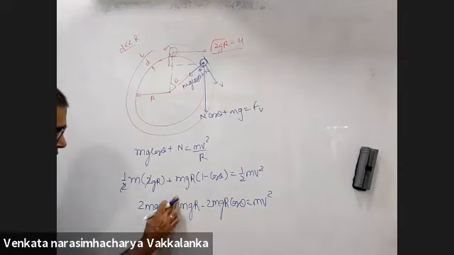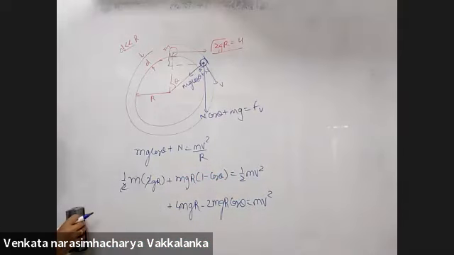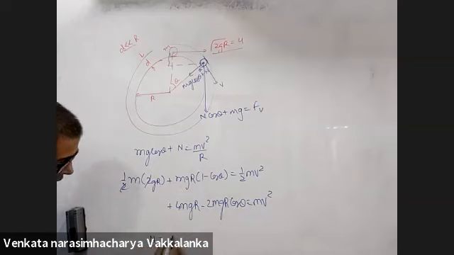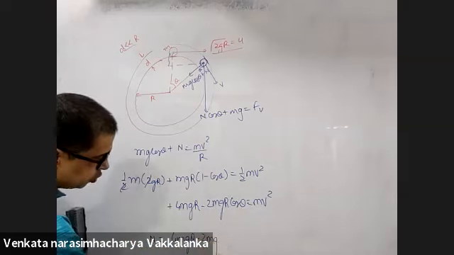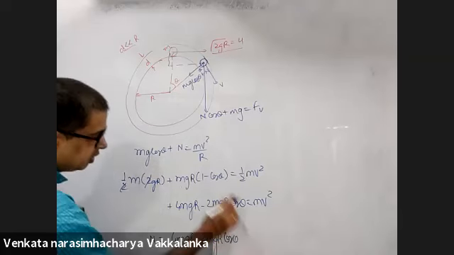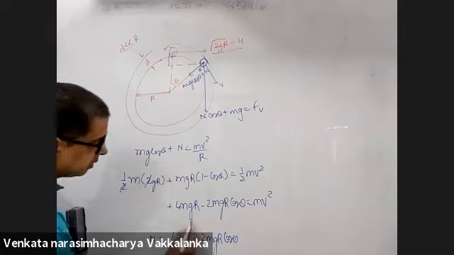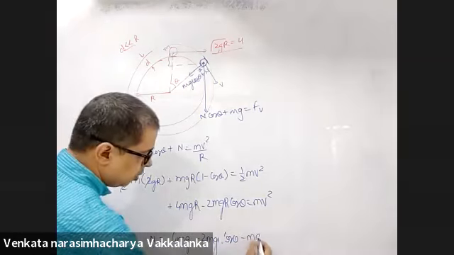So this will become technically 4 and I can remove this. Hope I'm right. This mv square I substitute here. N is equal to 4mgR minus 2mgR cos theta by R. So remove this minus mg cos theta.